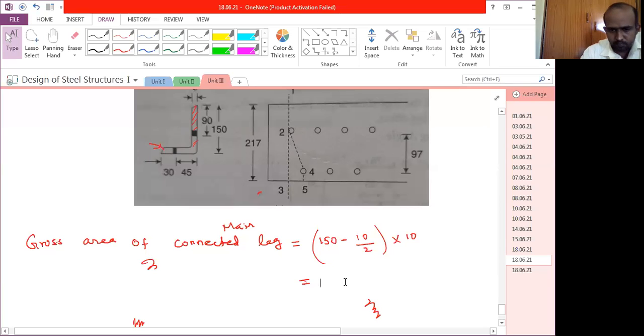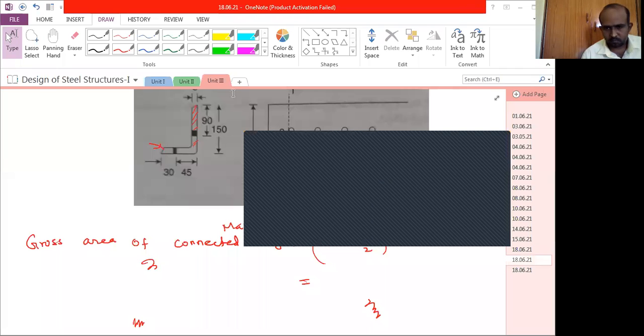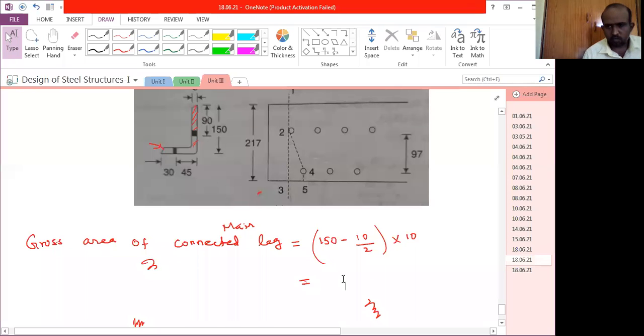How much? Anybody having any other values?